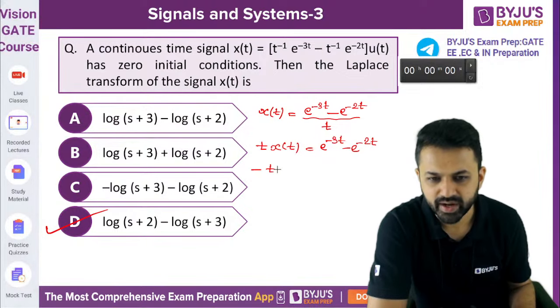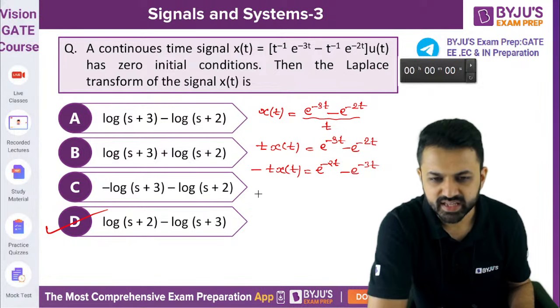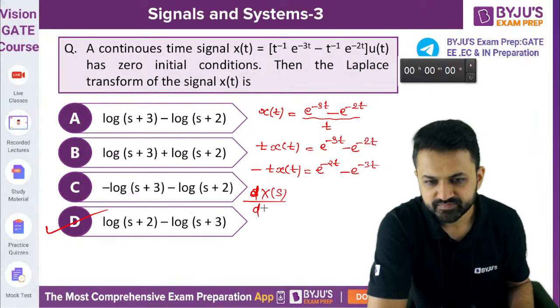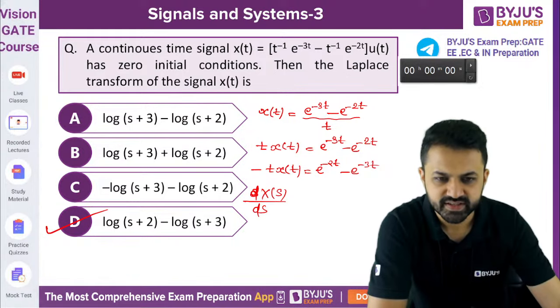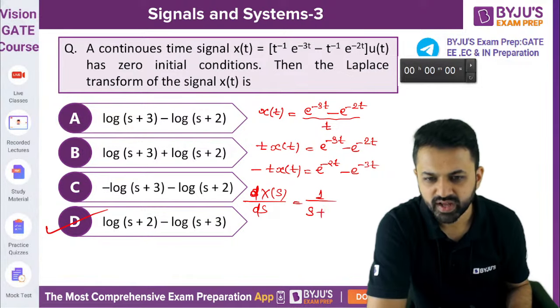If I take the minus sign also on the left hand side, then it will become e to the power minus 2t minus e to the power minus 3t. Taking the Laplace transform, this is s into differentiation of X, dX(s) upon ds, and this is nothing but 1 upon s plus 2 minus 1 upon s plus 3.